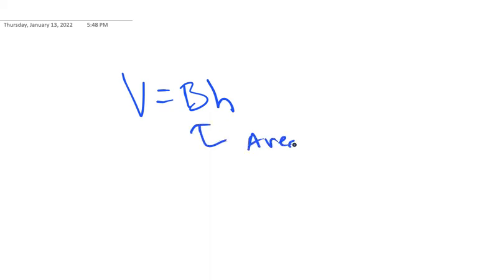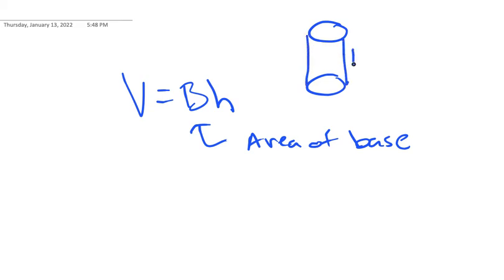So just to review, the volume of a prism is capital B times H. Capital B stands for the area of the base. The base must have the same shape repeated twice, like the two circles of a cylinder. The height is what separates them, and it is perpendicular to the base.